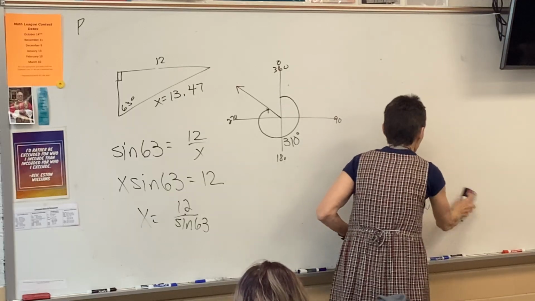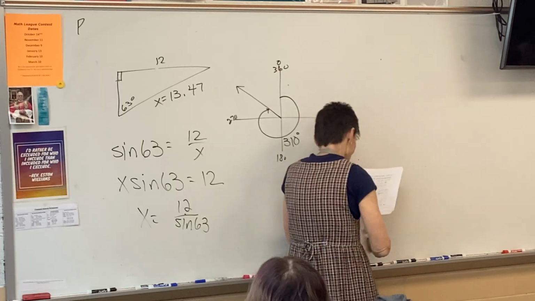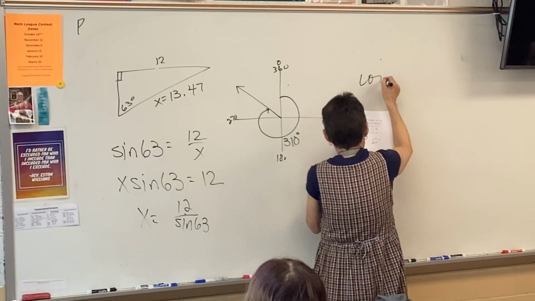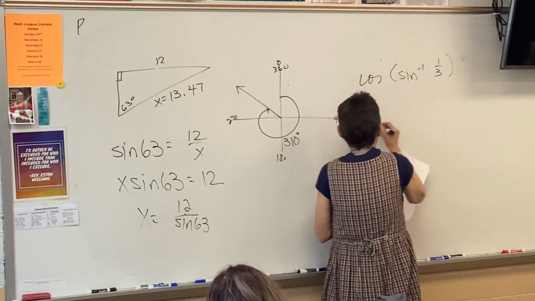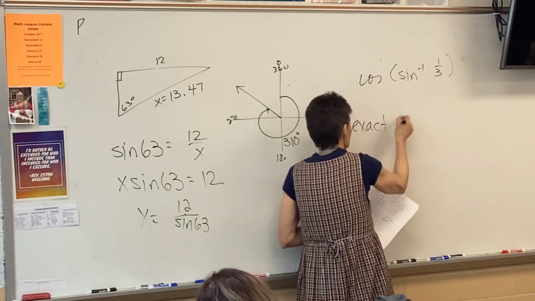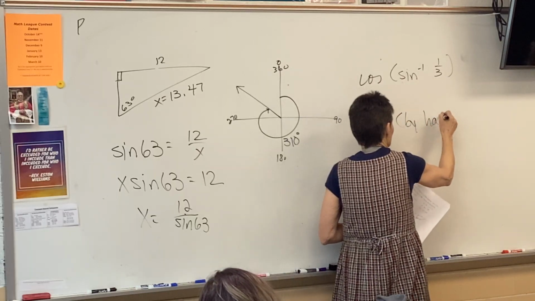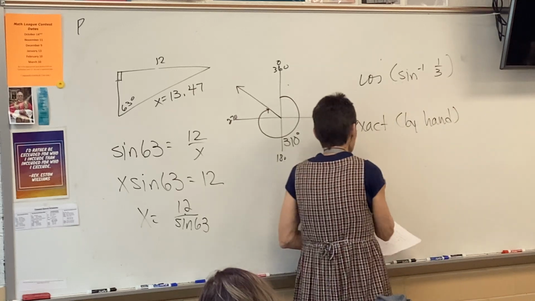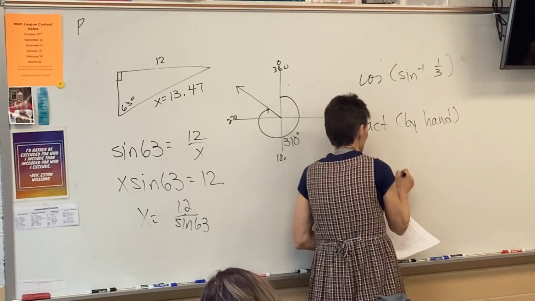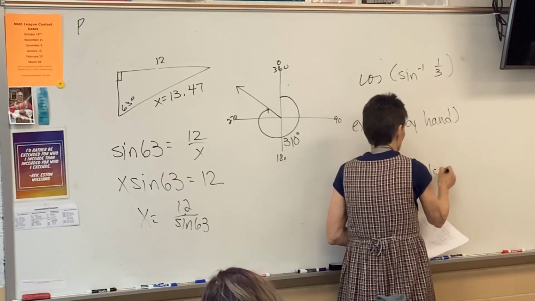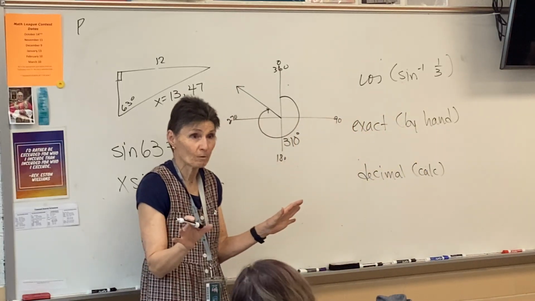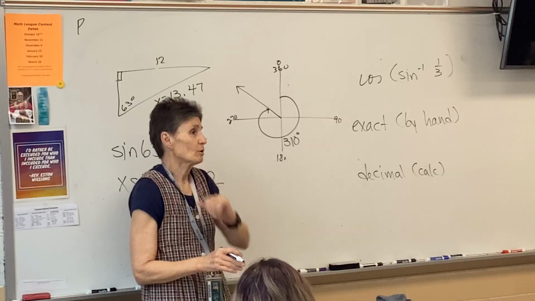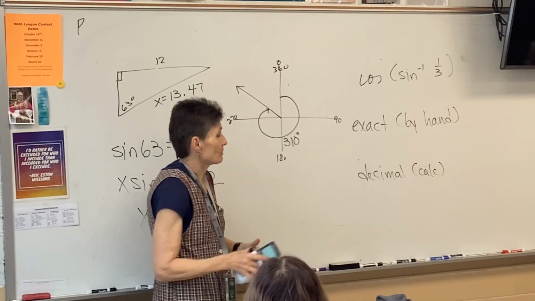Now we have the problem that we are going to do twice. Remember that exact means by hand, and decimal means with the calculator. So we're going to do the same problem twice. The answers are going to look different, but they're going to be the same. All right, calculator is the easiest.